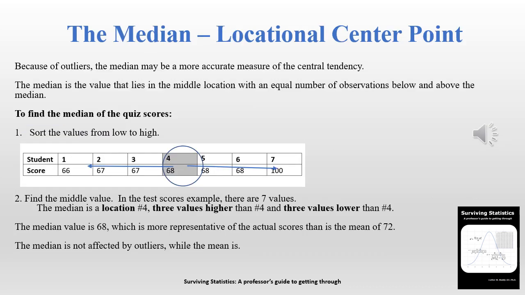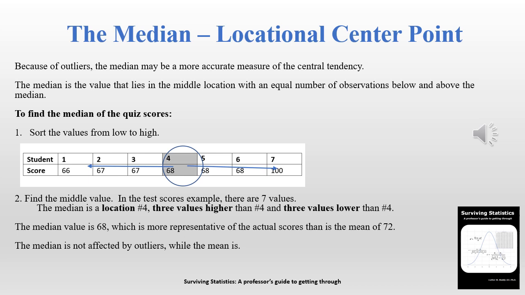All right, we saw how the mean can be skewed by outliers. Another measurement that we use is the median, which is really a locational center point. The median is the place where there is an equal number of values below it and above it. Looking at this example, we've sorted the values from low to high, and we can see that at location number 4, there are 3 values lower than it and 3 values above it.